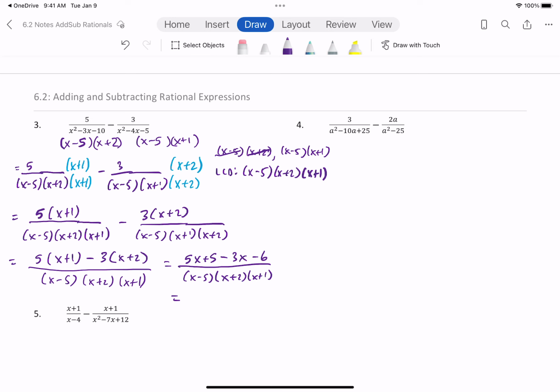And then we just need to clean it up. 5x minus 3x is 2x, plus 5 minus 6 is minus 1, and that's over the common denominator. So that is going to be my answer in lowest terms.